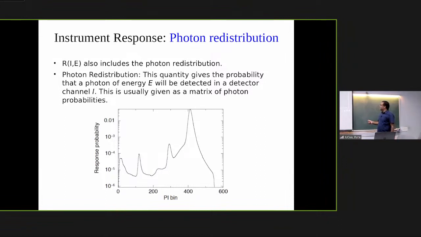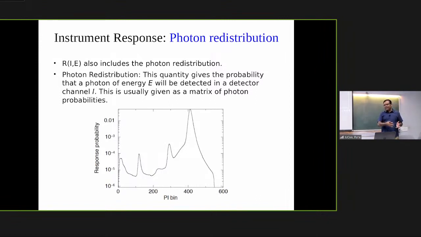And this is the response of the instrument to a monochromatic source. This kind of complicated response is due to the way the X-rays interact with the detector material. So what really happens? Let's say these photons are absorbed photoelectrically, and then the entire energy of the photon is converted into electrons or signal.